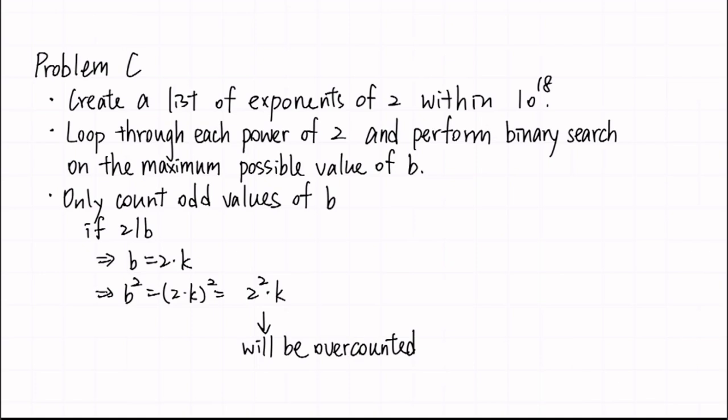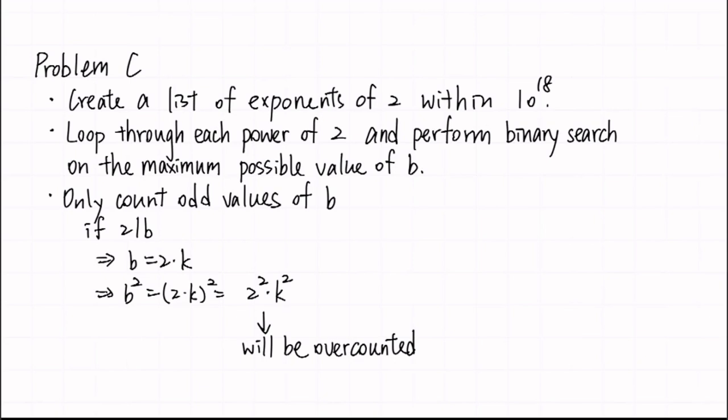We need to notice that it's important to only count odd values of b, because if b is even, then it can be factored into 2 times k, so b squared is 2 to the power of 2 times k to the power of 2.